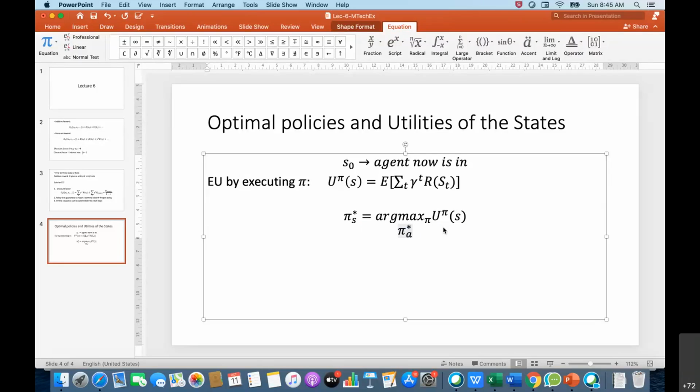This is the optimal policy if the sequence starts from A.